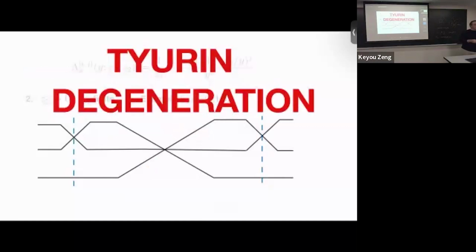Tyurin degeneration is something that we certainly talked about in this seminar before. We ran a whole workshop, which I guess you weren't able to attend because you were at the IAS, right? But the Tyurin degeneration consists of your Calabi-Yau threefold splitting into two quasi-Fano components, each intersecting on a smooth anticanonical K3.